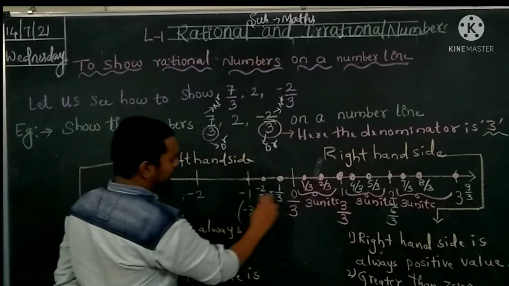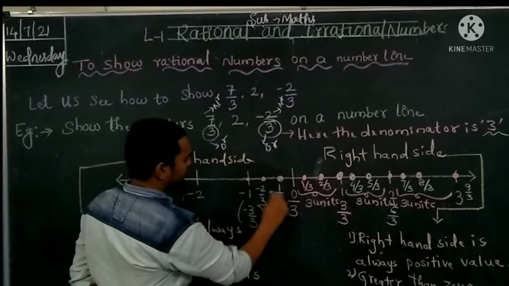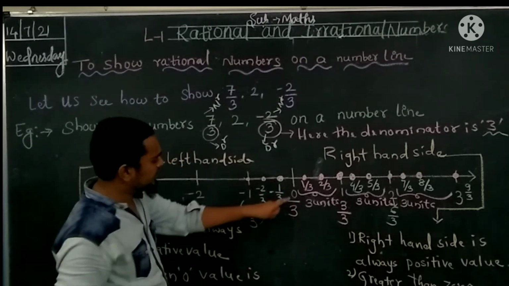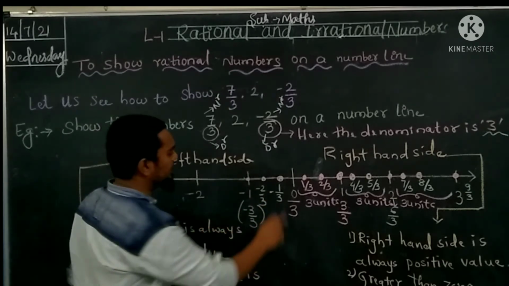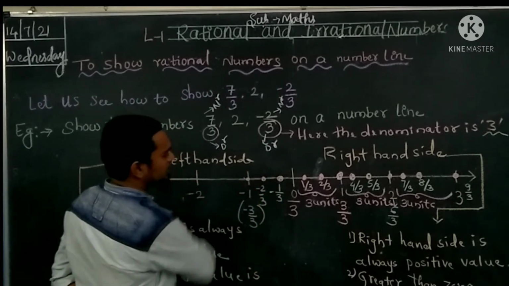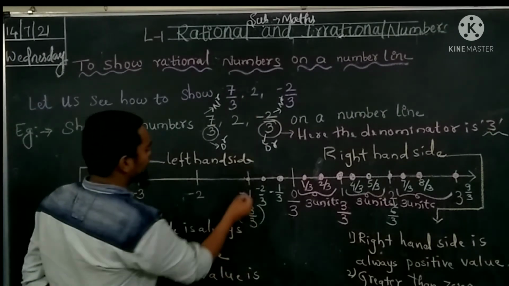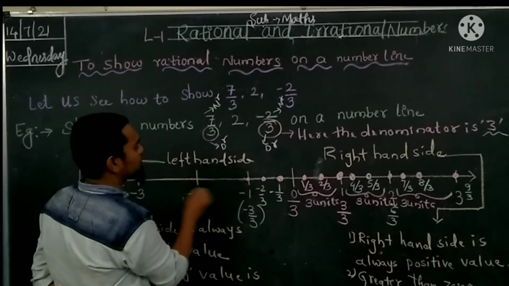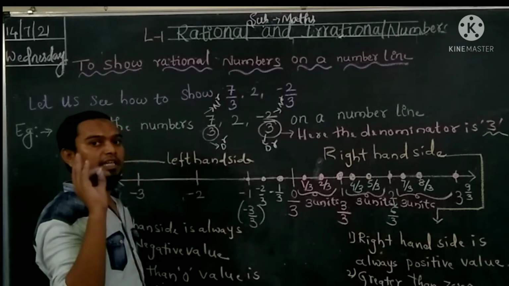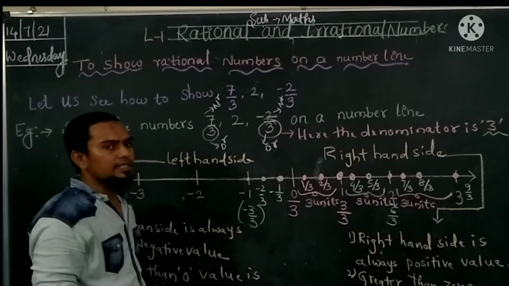The difference between two numbers is how many units? 1, 2, 3. How many units? 3 units. Next, the difference between minus 1 to minus 2 is also 3 units. Why are we taking 3 units?